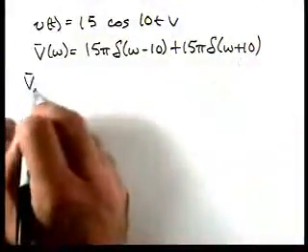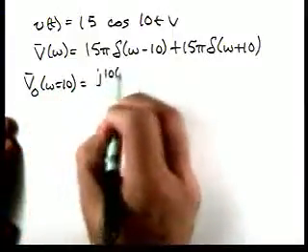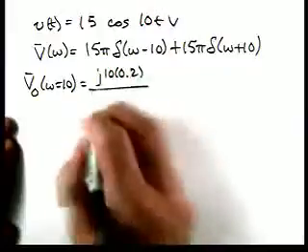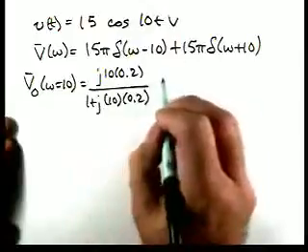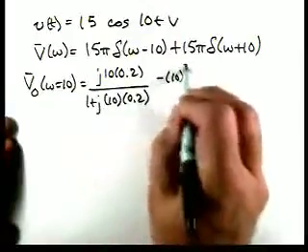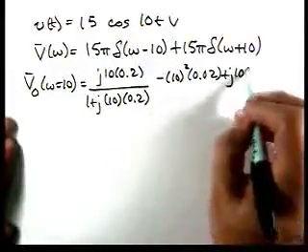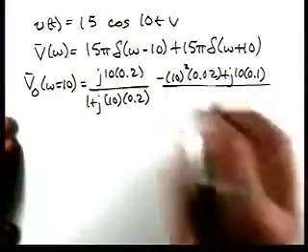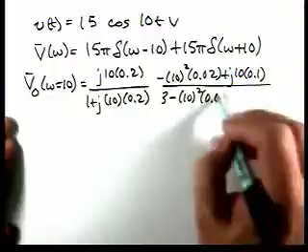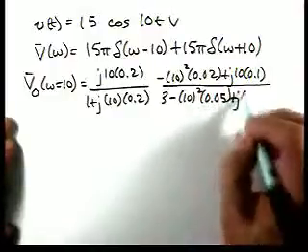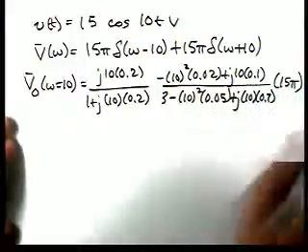So V0 at omega equal 10, we'd have j10 times 0.2 over 1 plus j10 times 0.2, times minus 10 squared 0.02 plus j10 times 0.1 over 3 minus 10 squared times 0.05 plus j10 times 0.7, times 15 pi.